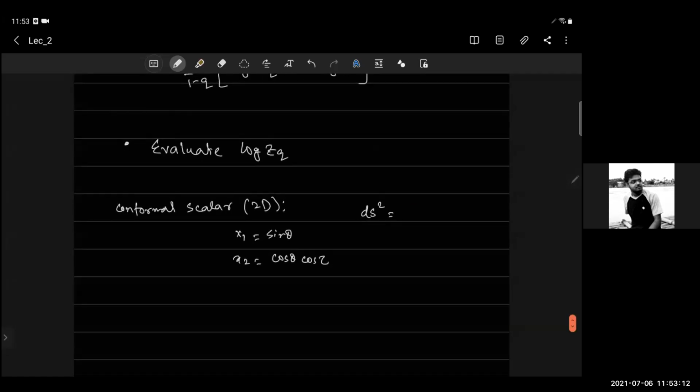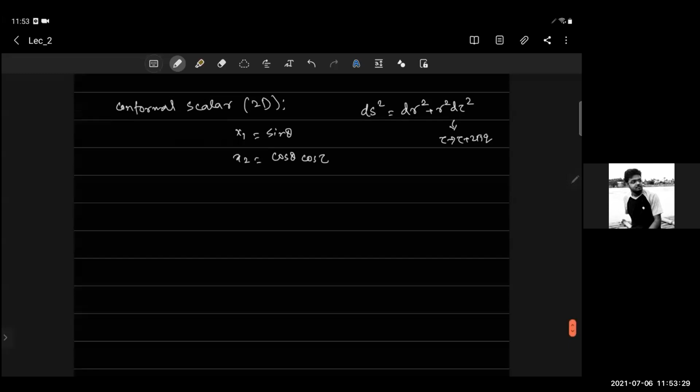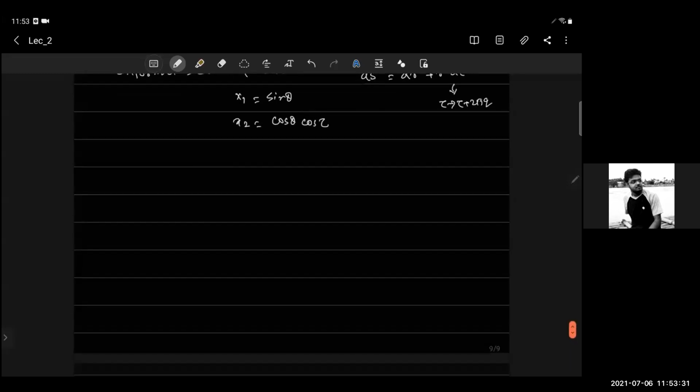The metric on that conifold geometry you got was dr squared plus r squared d tau squared, because it's a 2D sheet, but tau is identified with tau plus 2 pi q. Now I use the coordinate transformation: x1 equals sine theta, x2 equals cos theta cos tau, and x3 equals cos theta sine tau, with the condition x1 squared plus x2 squared plus x3 squared equals 1.